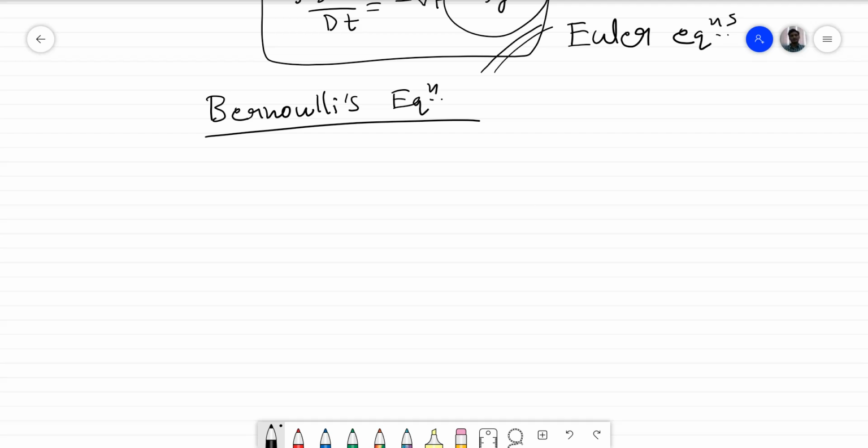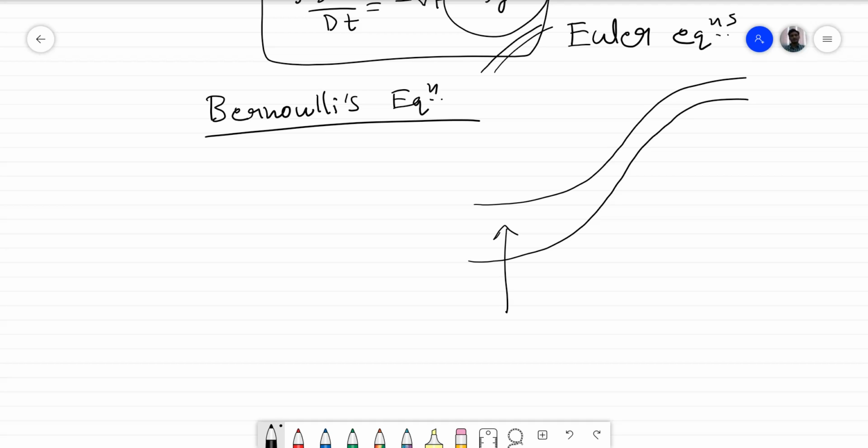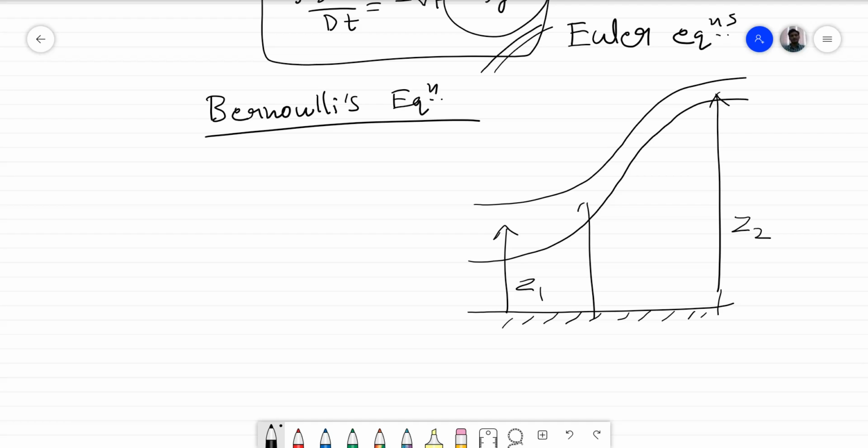So they consider a pipe like this with varying cross-sectional area, with varying elevation. Here, let's say this is Z1, here this is Z2, and there is gravitational force acting, and you have some reference plane from which you measure these Z1, Z2 and any other Z in between.